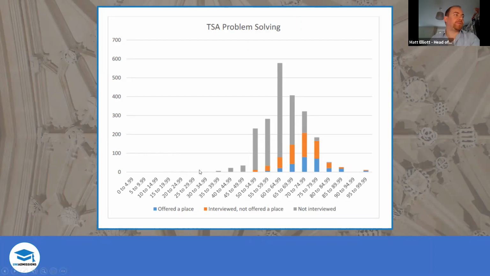It's really hard when there are 5 answers to every question to score below 20%, because that's what you should achieve even if you just put A for every answer. And as you can see, there isn't really anyone down there. Even our worst performing applicant performs fairly substantially better than you would by guessing. So well done to them. But as you can see, we see the same relationship between the score in the test and the chance of getting an interview.